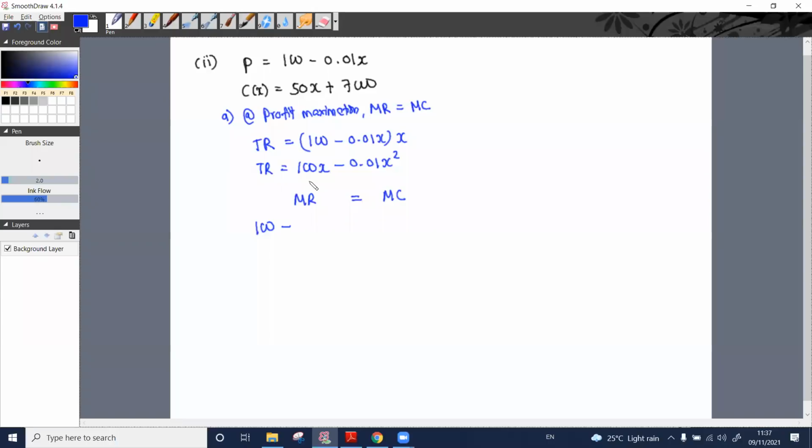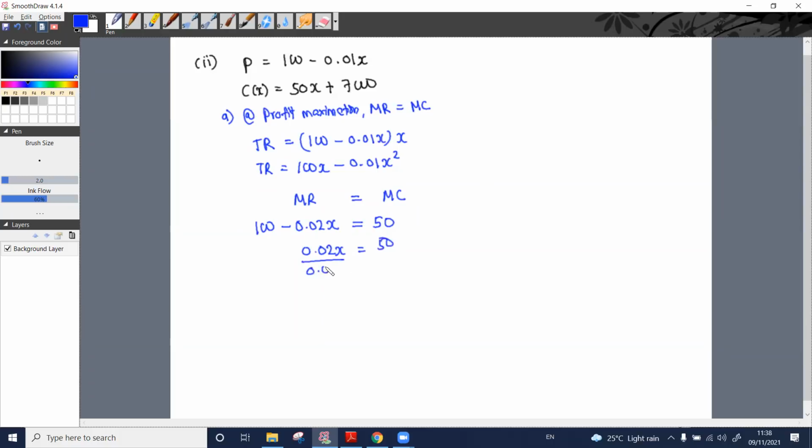0.01 into 2, that is 0.02x. This should be equal to marginal cost. 50x becomes 50. This is a constant, so simply we can ignore the x. So 0.02x equals 50.